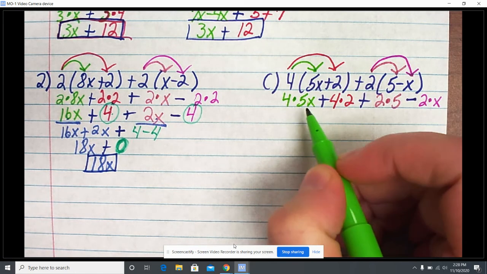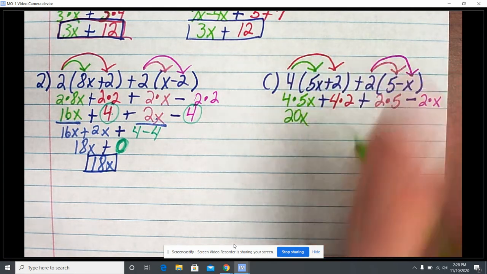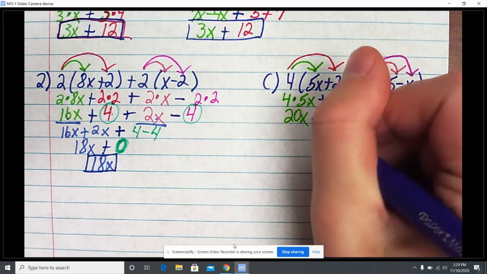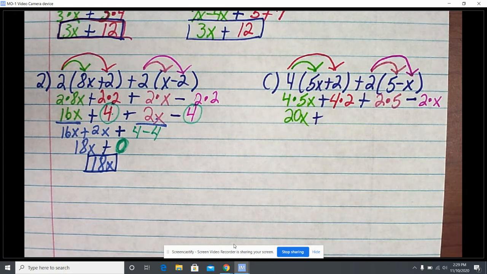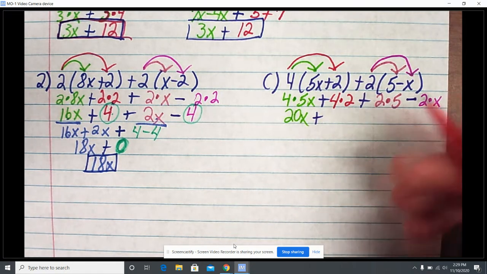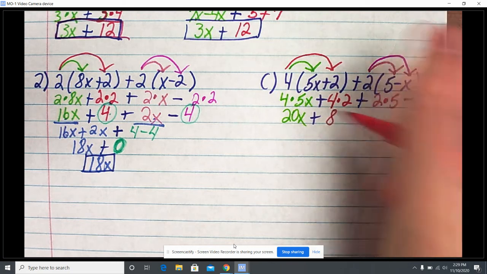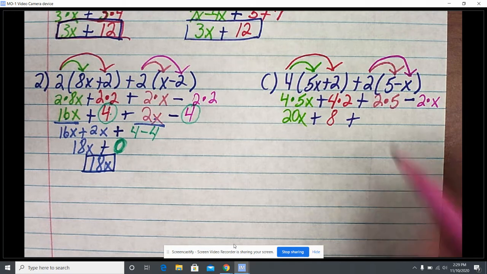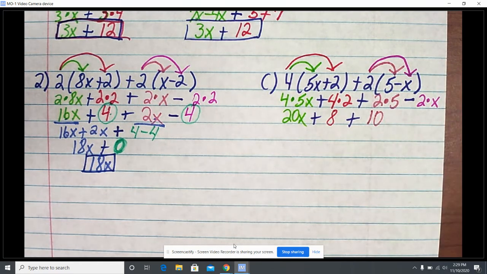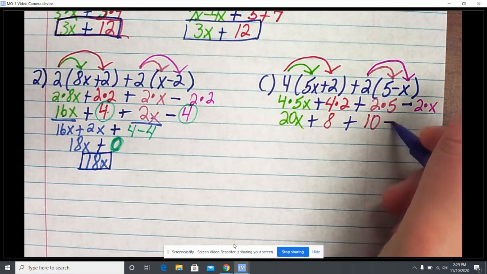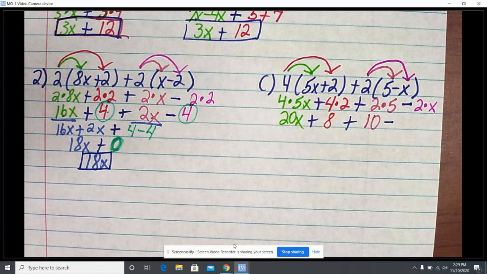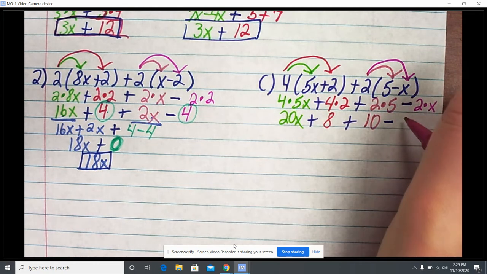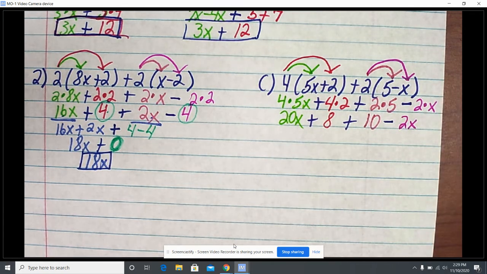So 4 times 5x gives me 20x plus, take 4 times 2, which gives me 8, plus 2 times 5, which gives me 10, minus, and then 2 times x, or same thing as 2 times 1x, which just gives me 2x.